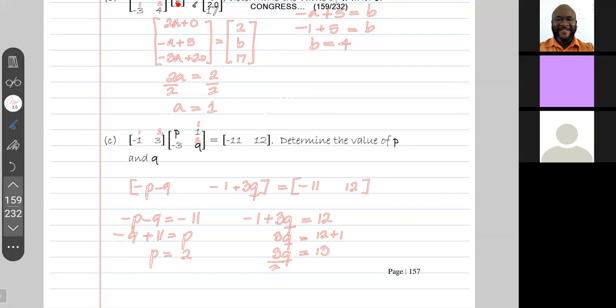Then if I divide both sides by 3, I'm going to get that Q is equal to positive 13 over 3, or I could say 4 and 1/3.